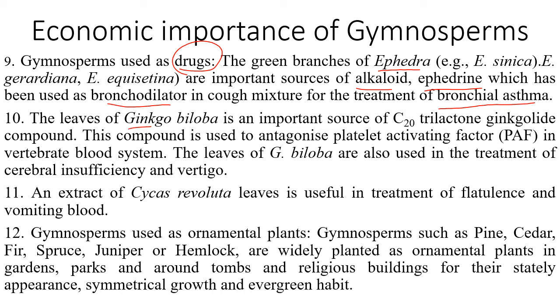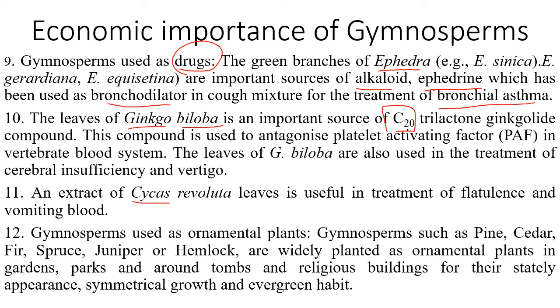The leaves of Ginkgo biloba are an important source of C20 trilactone ginkgolide compound. This compound is used to antagonize platelet activating factor in the vertebrate blood system. The leaves of Ginkgo biloba are also used in the treatment of cerebral insufficiency and vertigo.